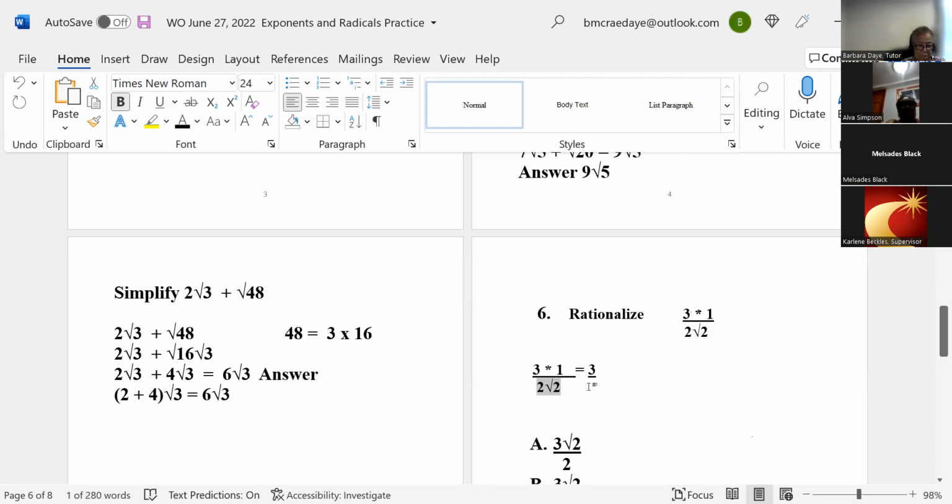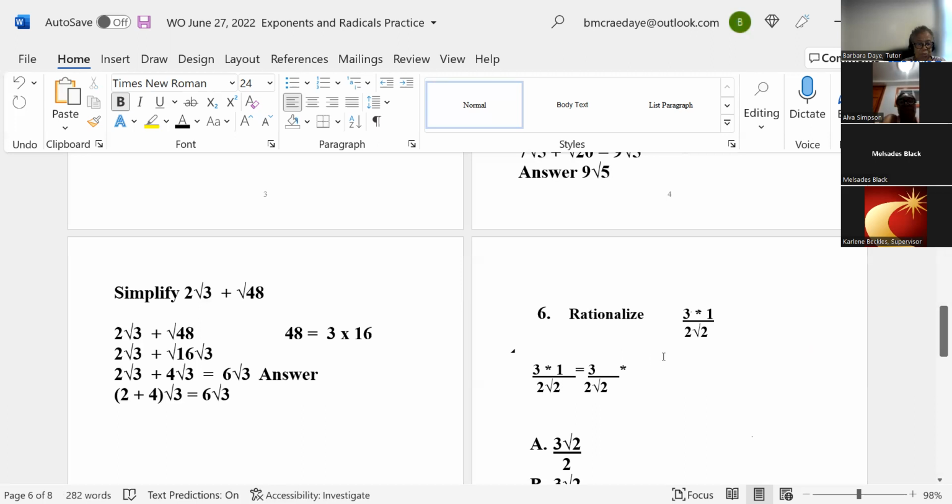Now let's put in the denominator 2 times square root of 2. Now we will multiply this by square root of 2 over square root of 2. Let me put the asterisk for multiplication.